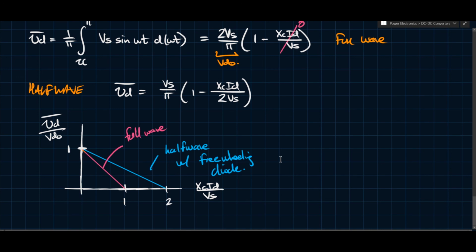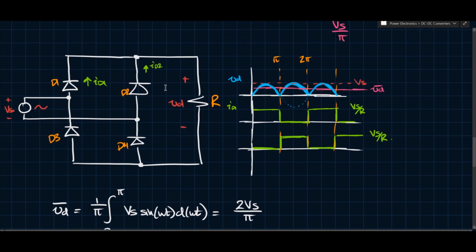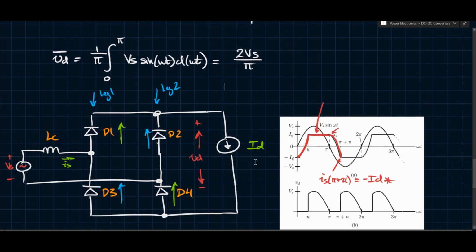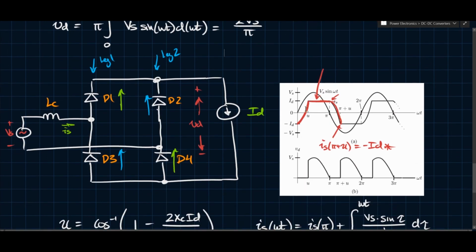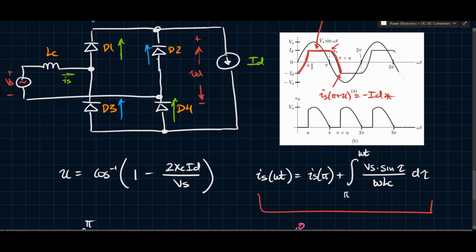Okay, so in this video we looked at the full bridge, which is a fairly straightforward, very useful and very common circuit. We saw that the average output voltage is twice that of the half wave, and then we looked at the commutation characteristics, and we saw that it behaves similarly, but there are also some differences.